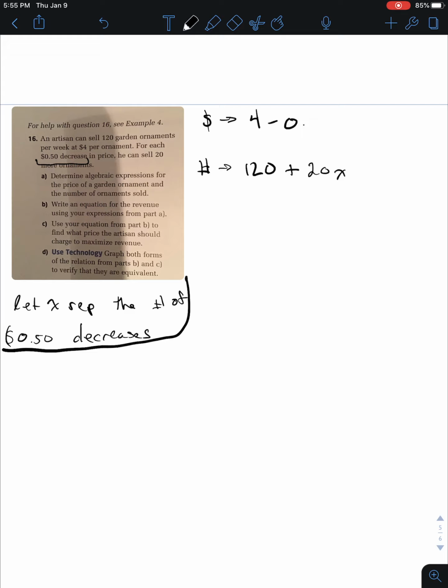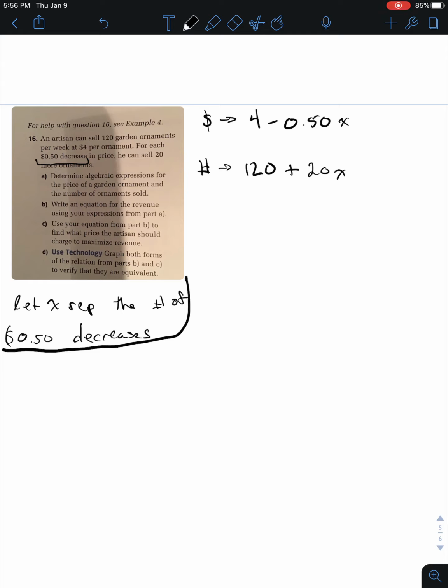So then it just goes minus 0.50x. That make sense? You're using the x as a pivot point. It's the number of 50-cent decreases.